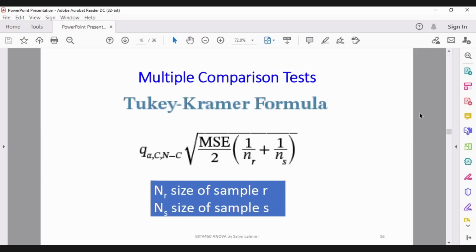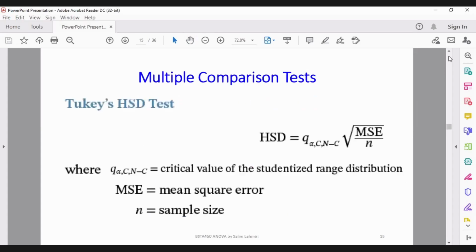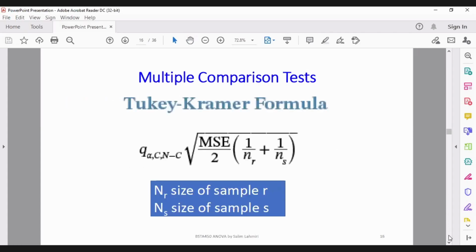The Tukey-Cramer formula is this one, which is similar to the previous one, except we consider the breakdown of the sample because we do not have similar variances.